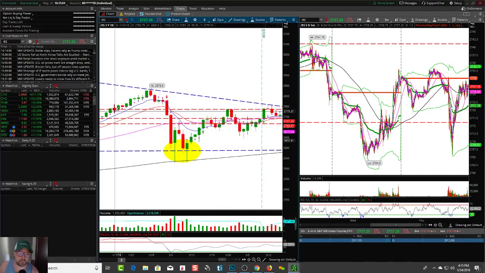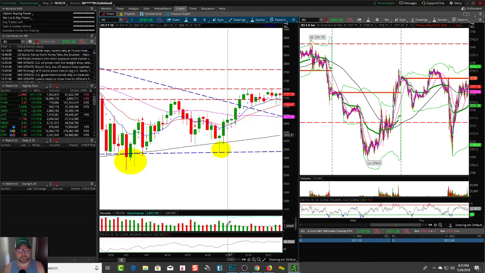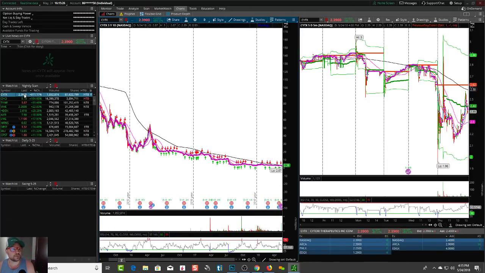You want something up or down. Trading sideways gets very difficult. Even with day trading, it's a little bit easier to get your scalps, but it's still easier to trade with patterns. And when the market is trading sideways like this, things get very choppy with day trading many times as well.